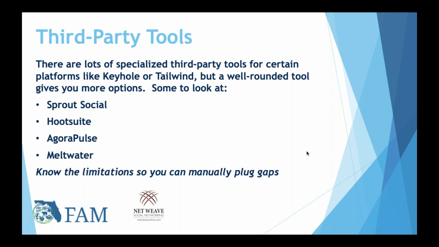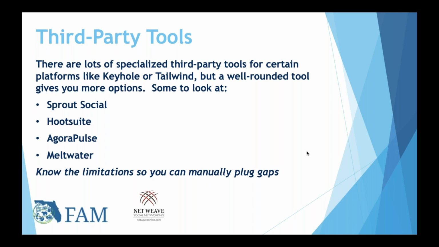Now, Sprout, I know, and some of these others might as well, but we use Sprout, so I know it the best. Sprout will allow you to do what's called schedule and duplicate. So I can write a post for Facebook and then hit schedule and duplicate.